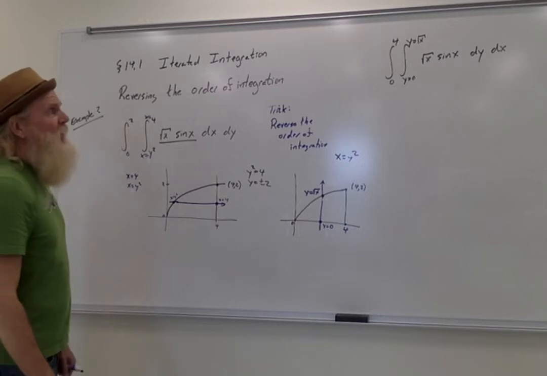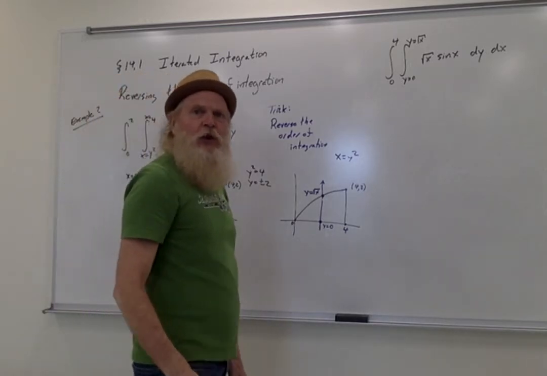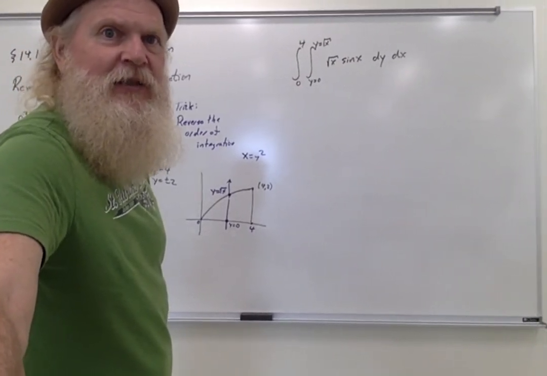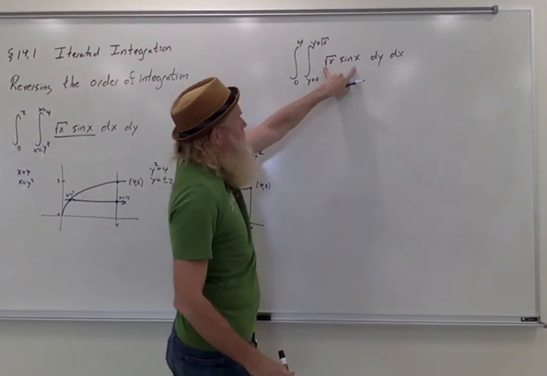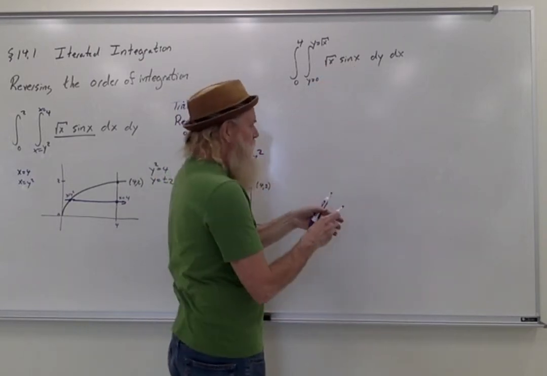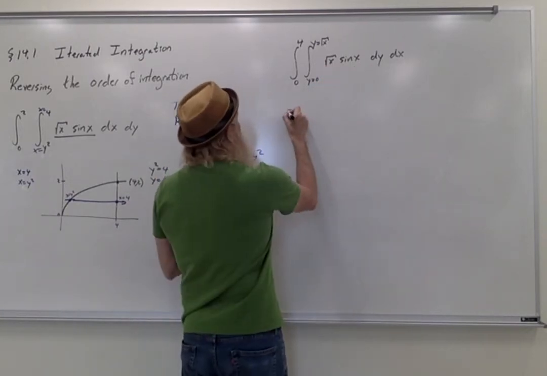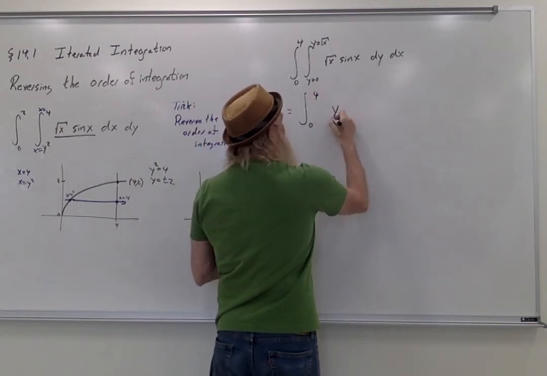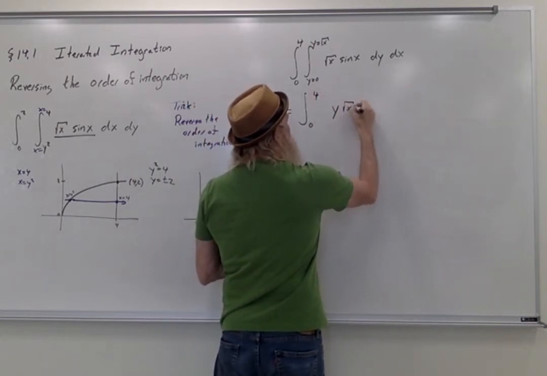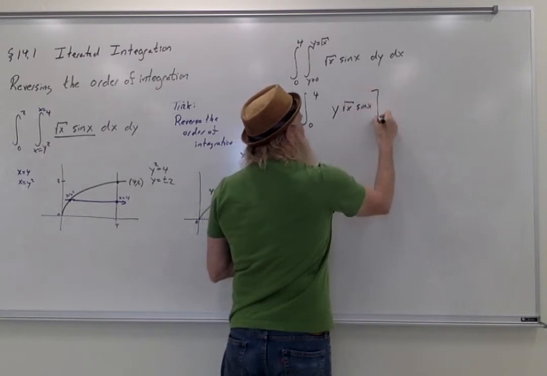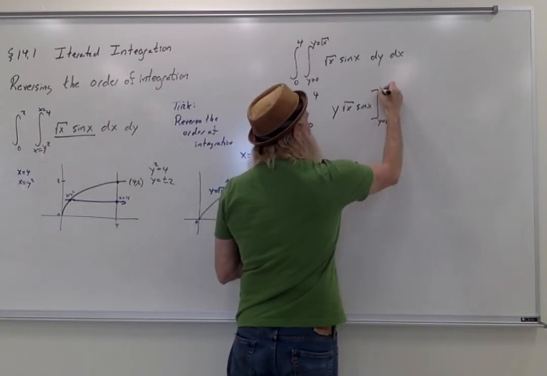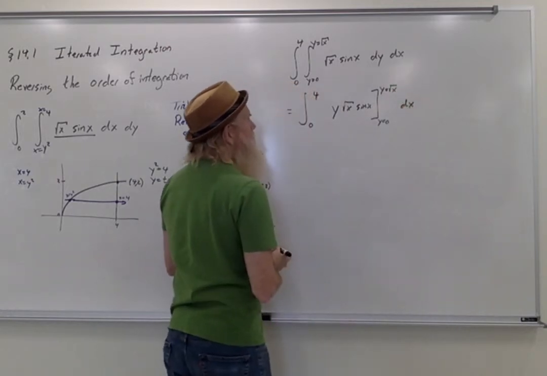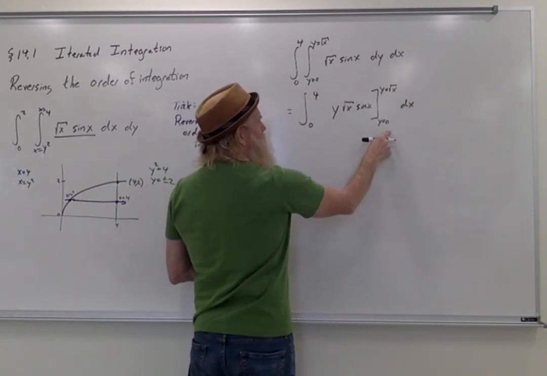Now let's see if we can carry out the integral. First of all, notice that when we integrate with respect to y, we treat all the x's as constants. So this entire integrand is being treated as a constant. So I'll have the integral from 0 to 4 of simply y times square root of x sine x, taken from y equals 0 to y equals square root of x, plugging in the endpoints and subtracting.